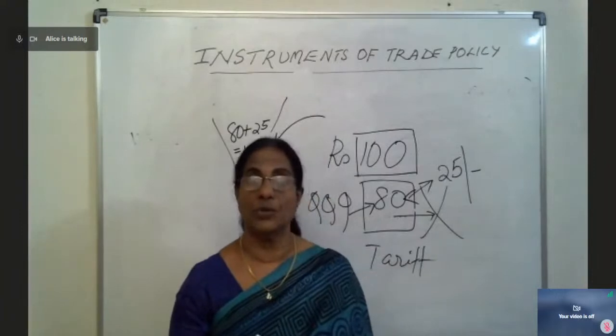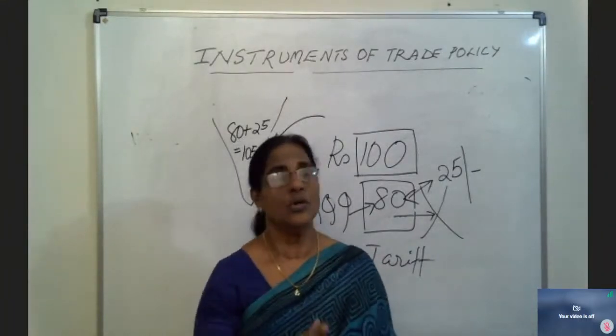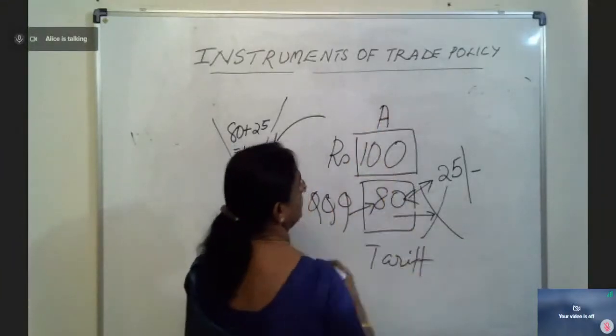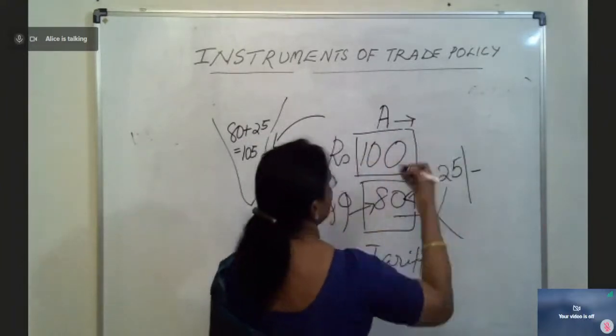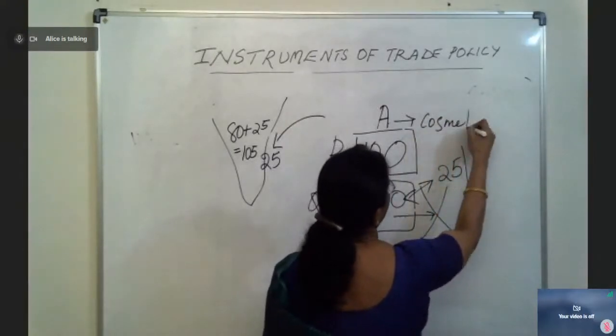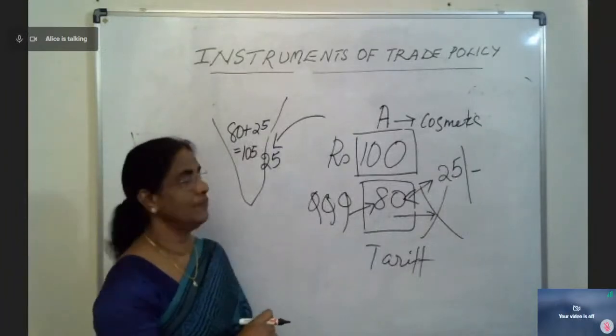I will explain what an import competing industry is. So, we have protected our industry A, which is manufacturing, say for example, what is available for 100 rupees, a particular cosmetic. Easily understood.